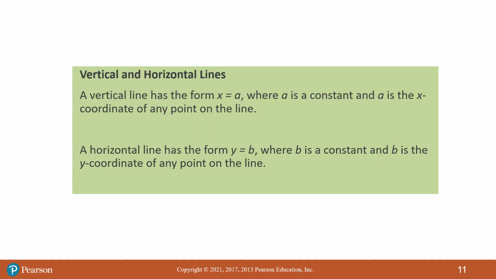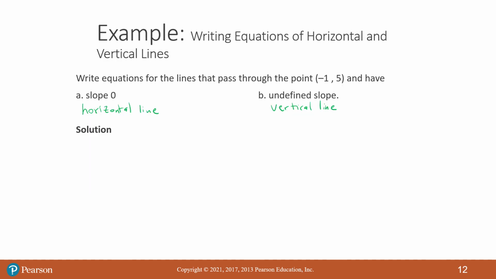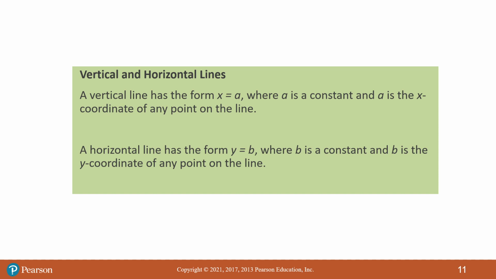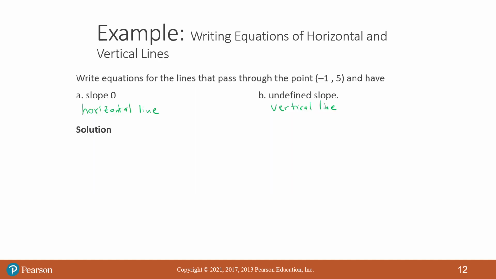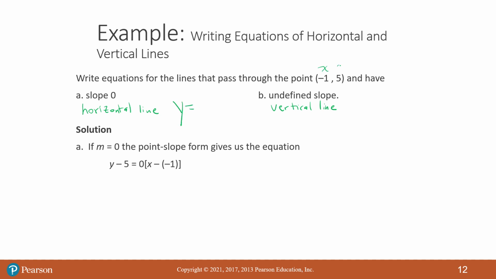By the definition, the equation of the line should be y equals b, where b is the y-coordinate of any point on the line. Let me underline it for you. So for this horizontal line with slope 0, remember this is your x and this is your y, the y-coordinate of the line should turn out to be 5.